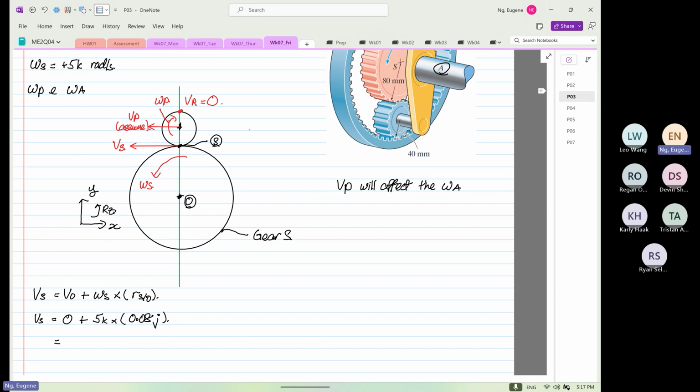Okay, 0.4 minus 0.4 I. Right, K cross I, so minus 0.4. The minus is because it's going towards the left, this is okay. So Vs is equal to minus 0.4 I.